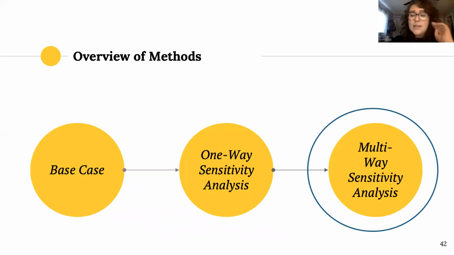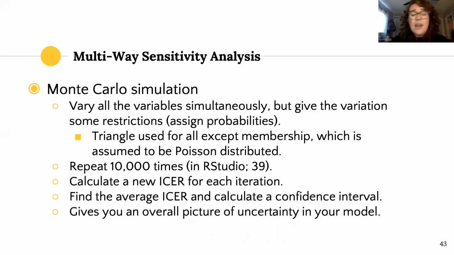And for multi-way sensitivity analysis, again, it's pretty much the same thing as our one-way sensitivity analyses, except we're doing it for all of them at the same time. And in order to help us constrain that simultaneous variation, we're assigning different probability values to each of those variables and each of those ranges.